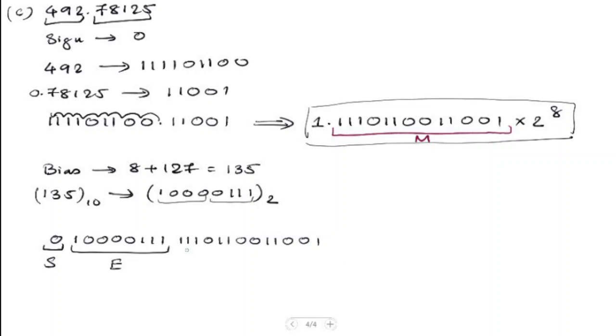How many digits is that now? It's 13 digits. So we are left to fill up 10 more, and those will be all zeros. That's 23 bits for the mantissa.